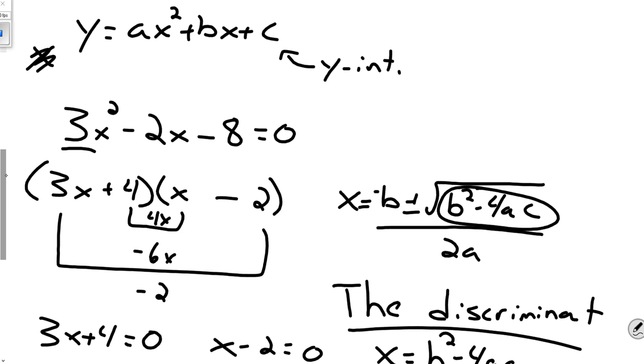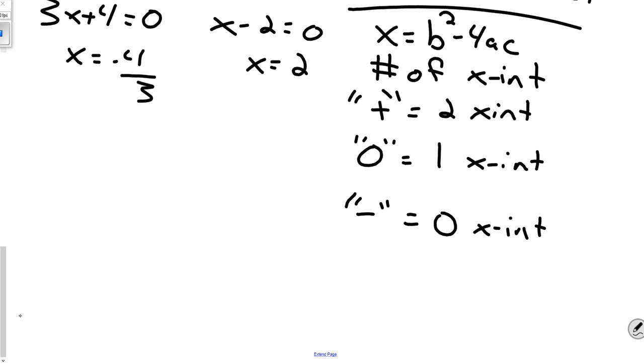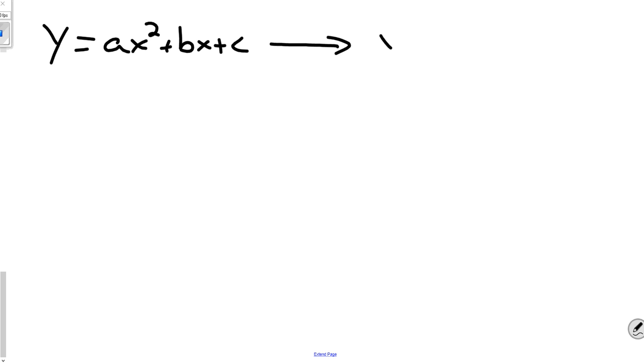So to find the vertex, you need to go from standard form to vertex form, and it's completing the square.